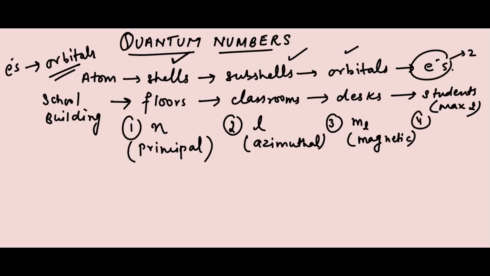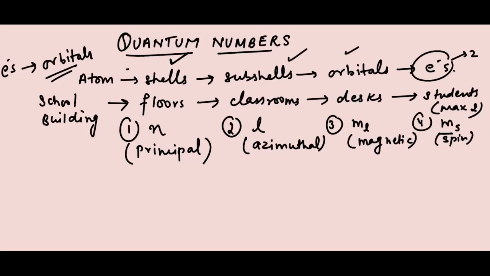And the fourth quantum number is the spin quantum number. ms is the spin quantum number, and this quantum number tells you about the direction of spinning of the electron. The electron can spin in the clockwise direction or in the anti-clockwise direction.